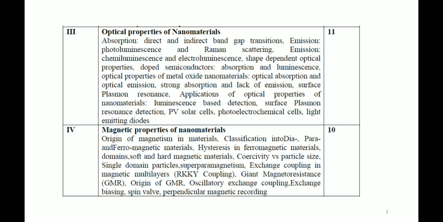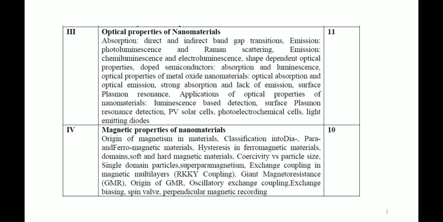Then there are important coupling mechanisms. Some examples of coupling are exchange coupling in magnetic multilayers, which is also called RKKY coupling. RKKY is the short form of the names of four scientists, which we will see when we look into the details of this chapter.